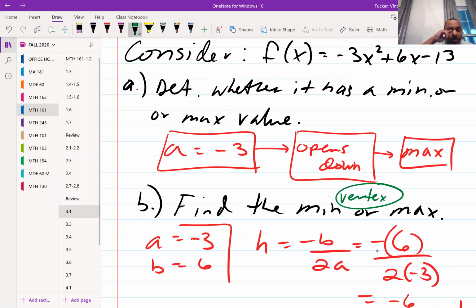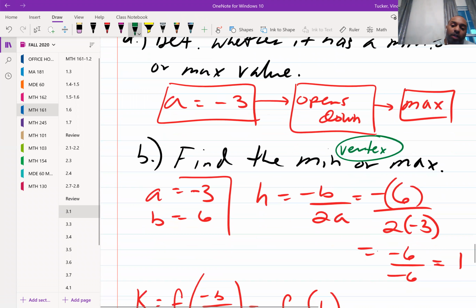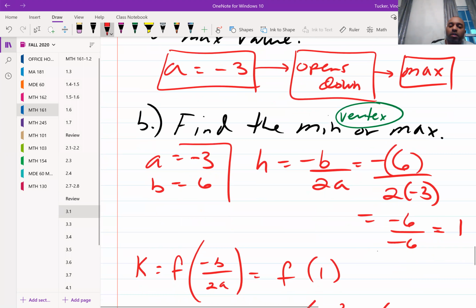Plug in 6 for b and negative 3 for a, excuse me. So that's negative 6 over 2 times negative 3. Right, that'd be a little better. And it's negative 6 over negative 6, which is positive 1. So the x component of our vertex will be 1.